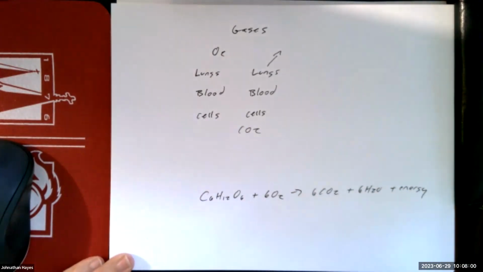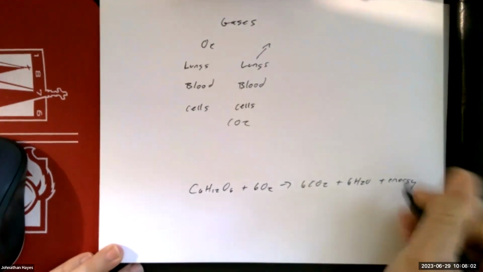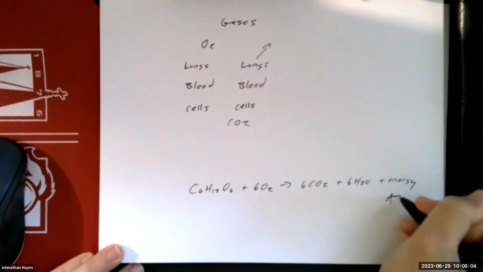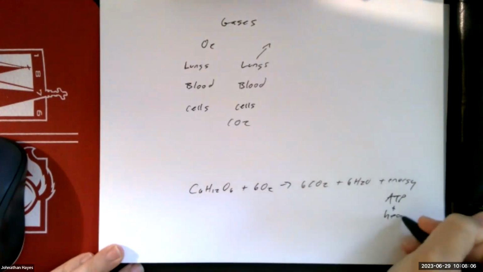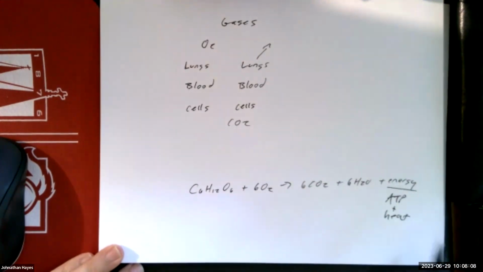And this is the primary means of making cellular ATP. So we get ATP plus heat as our energy source. So that gives my cells mechanical energy, plus it keeps us warm. So that's nice. So that's our basic use of O2.